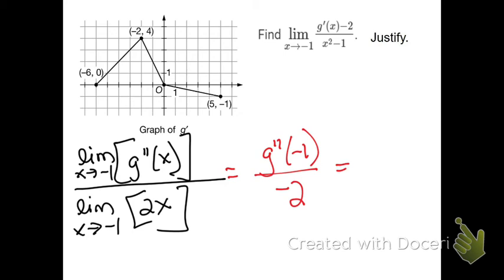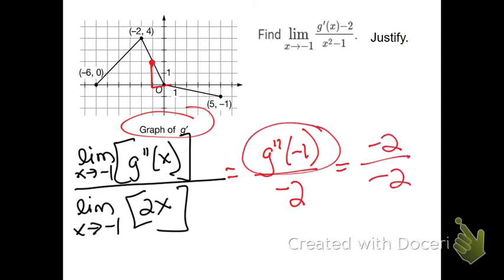If that's a second derivative question, but this is a first derivative graph, then we're looking at the slope at -1. And the slope at -1 appears to be down 2 and over 1, so -2. So all of this is equal to -2 over -2, so my final answer would be 1.